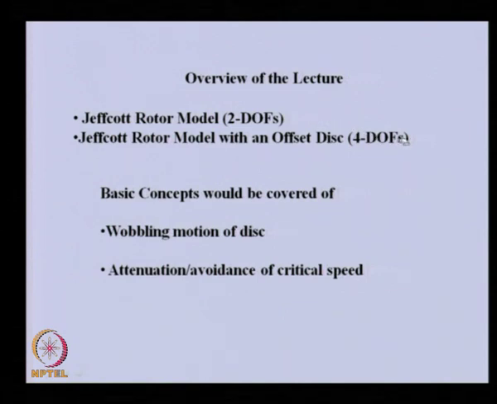In the second case, not only the translation motion, but also the rotational motion, that is the wobbling motion of the disk, we will be considering when it is offset in a simply supported case. So, some of the concepts like wobbling motion and avoidance of the critical speed, these concepts we will look into in this particular lecture.